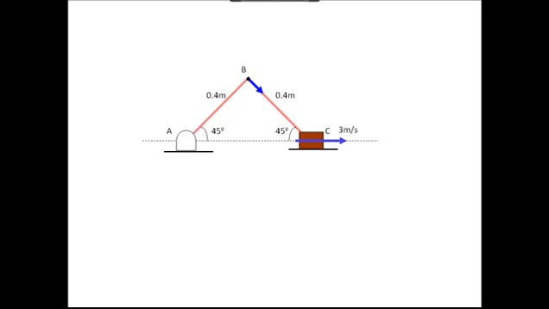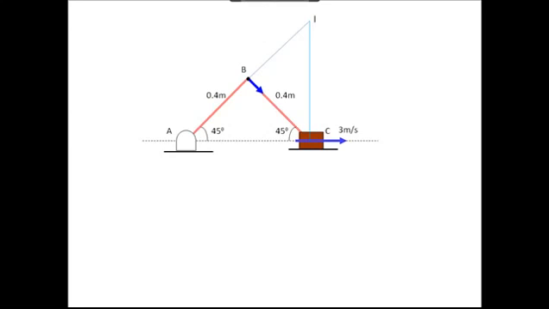And now look at B as a point on member BC. Then I know the velocity direction of B, I know the velocity direction of C, and we draw perpendiculars to these two, and I get my instantaneous center.